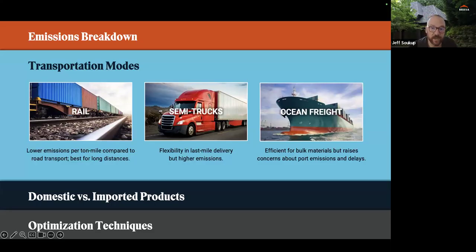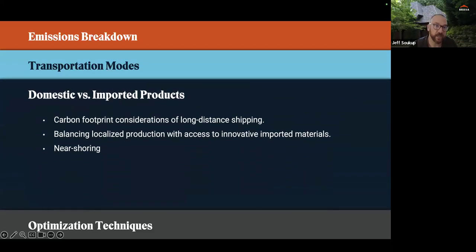So the port emissions and delays, especially with some of the challenges that we see, if you have a pandemic or some other global event, can really challenge or make you inefficient. This is when we start looking at, should we spend a little bit more money and purchase domestically versus imported? What is the carbon footprint of a long distance shipping?